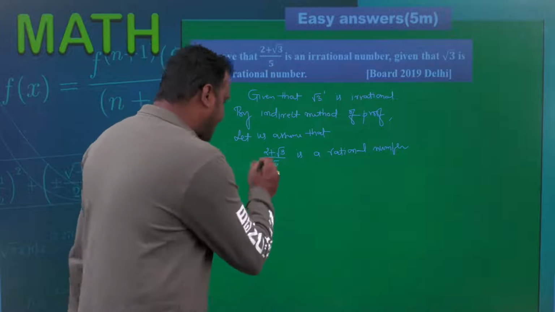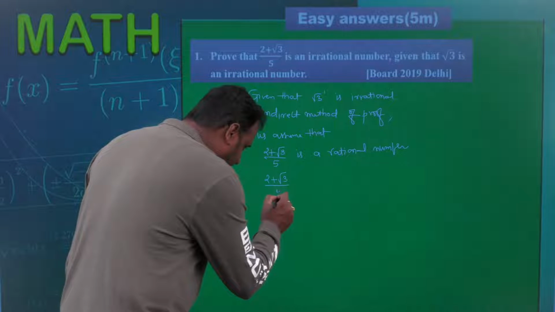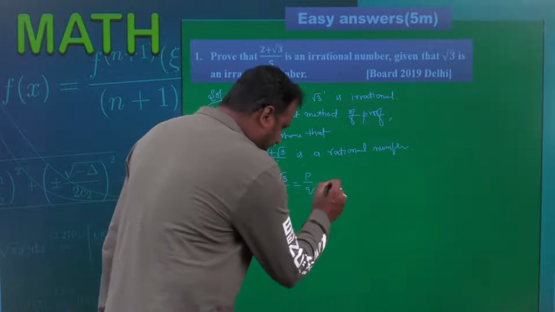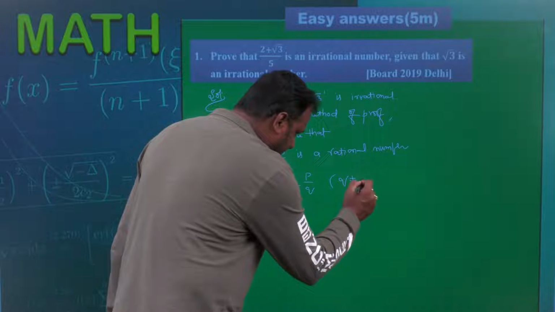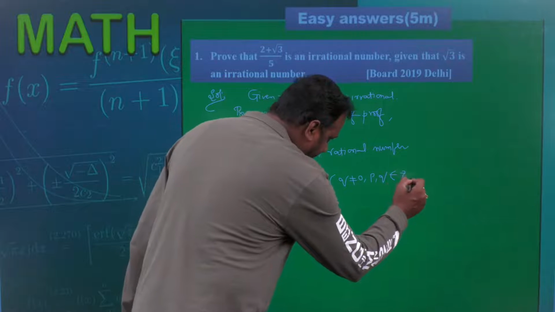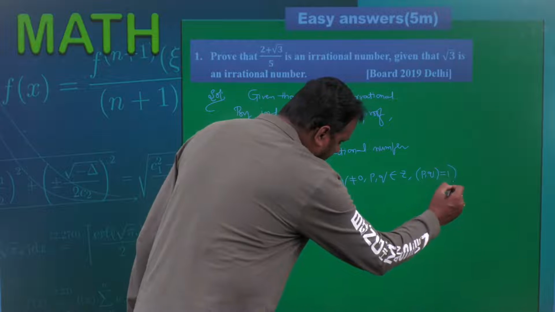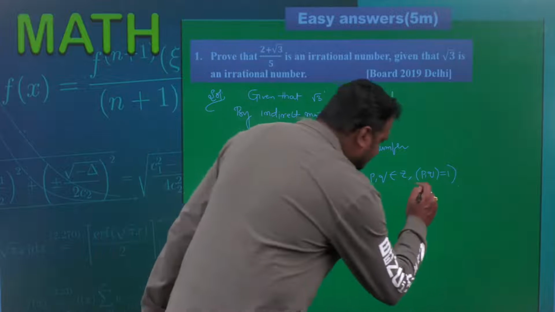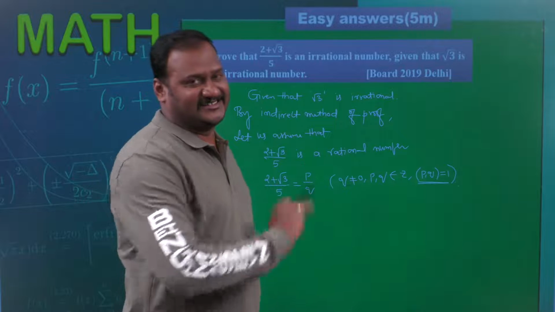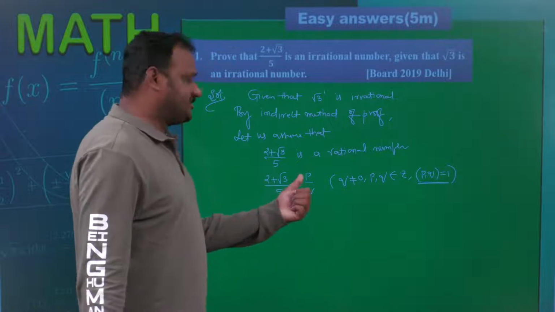So I am taking 2 plus root 3 divided by 5 is equal to P divided by Q, where Q is not 0, P, Q are integers, and HCF of P, Q is equal to 1. This is one of the most important points here which decides our result. So please remember that 2 plus root 3 by 5 is equal to P by Q.